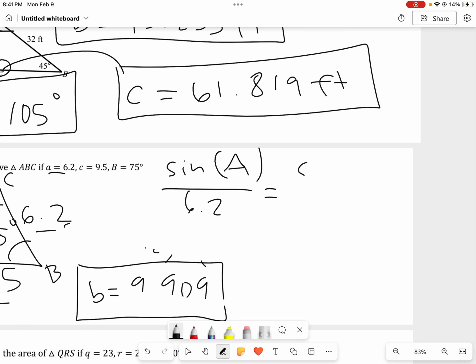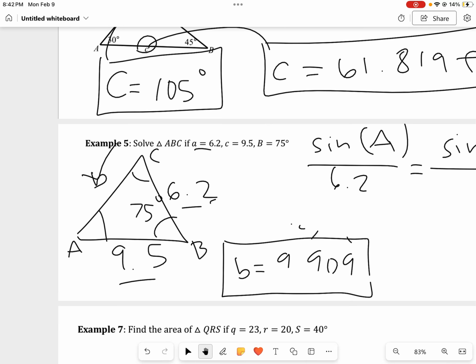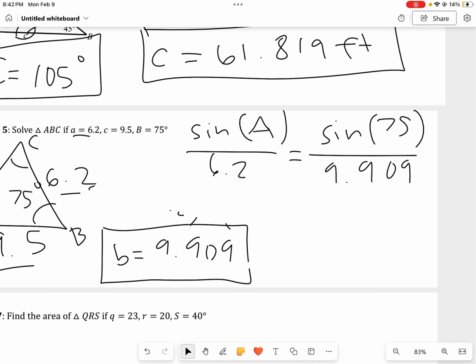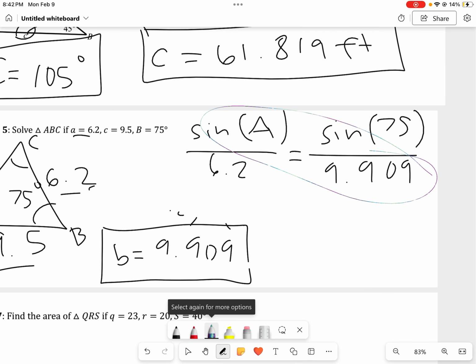So sine of 75 over B, which is what we just found, 9.909. Okay, great. So that's B. Like we did again, we're just gonna cross multiply.